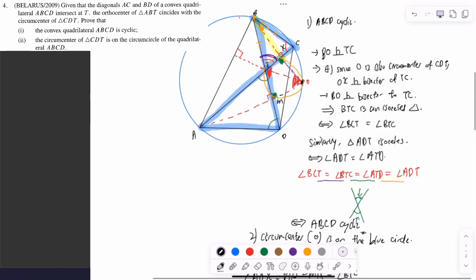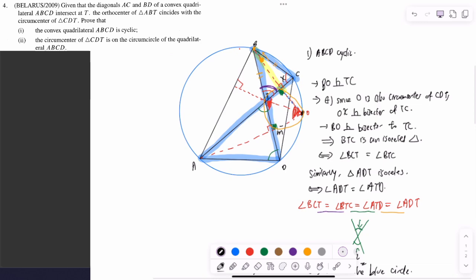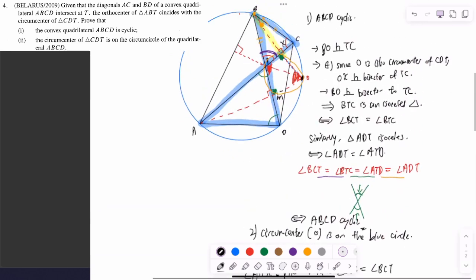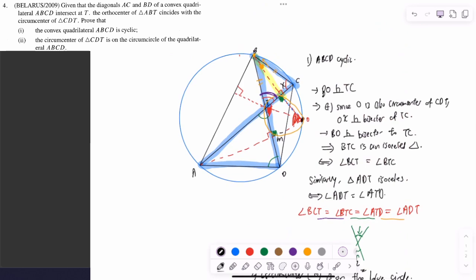Angle BTC is also equal to angle BCT because of the isosceles triangle, which is here. So let me just highlight what we found. We found in green that this angle is equal to this angle is equal to this angle. So we basically found that this angle and this angle are the same.